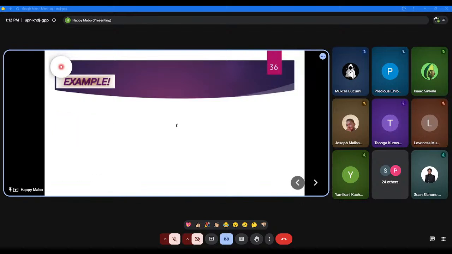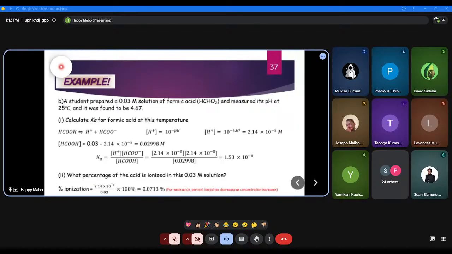Okay. So when we look at the next question, you see that for part B, we are told that a student prepared this molar solution of formic acid, and its pH was found to be that at 25 degrees Celsius.